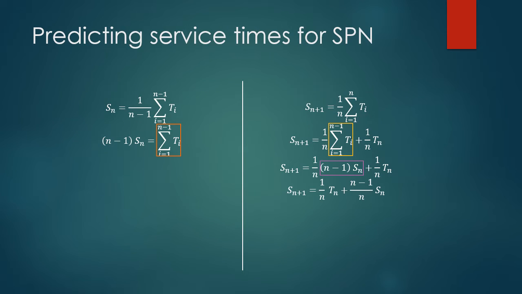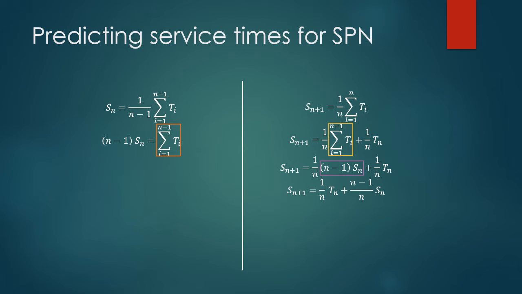On the left is the formula for Sn. On the right is the formula for Sn+1. I found the value of the summation on the left and substituted it in the equation on the right. The value of the quantity in the orange box has been taken and substituted in the equation on the right, because the quantity in the orange and yellow boxes is the same.